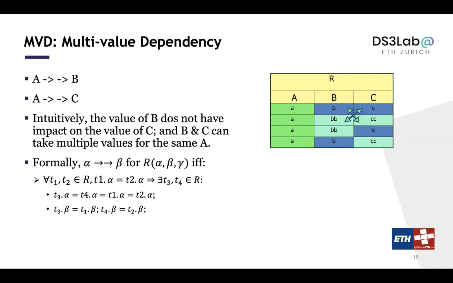T3 takes the beta value of T1, T4 takes the beta value of T2. On the other hand, T3 takes the gamma value of T2, and T4 takes the gamma value of T1.